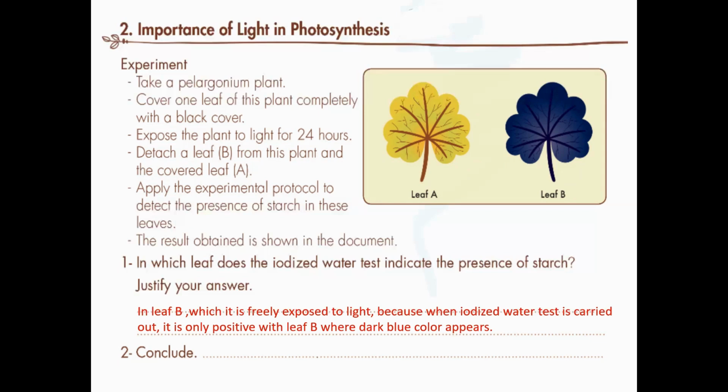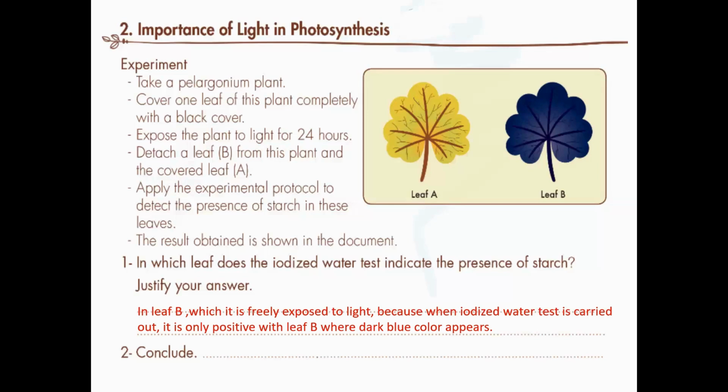When it turns dark blue, then starch is present. So here, where is the starch present? Of course it is present in leaf B. So the answer will be in leaf B, which is freely exposed to light, because when iodized water test is carried out, it is only positive with leaf B where dark blue color appears.